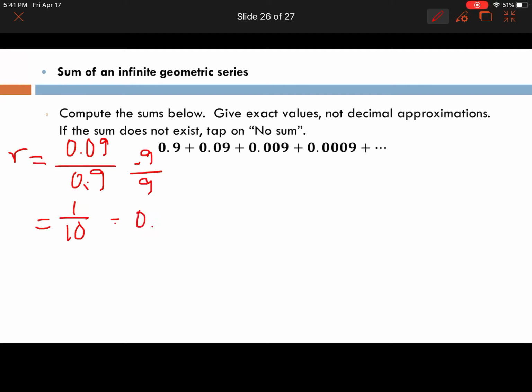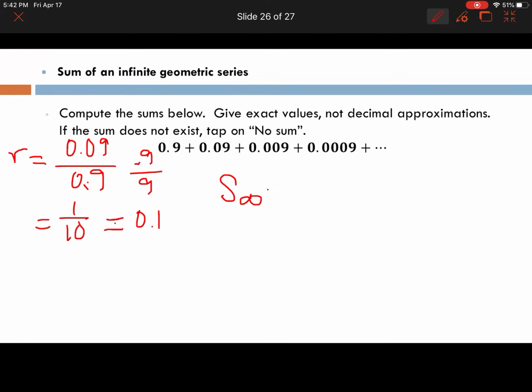Or you can think of it as 0.1. So perfectly fine to do the decimal in this case because it's not repeating. Okay, so our r is 0.1. So does that meet our criteria? Yes, that is less than 1.